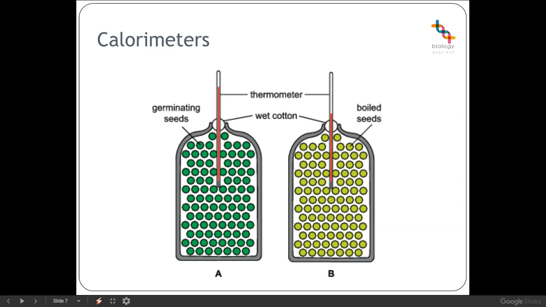Now, to maintain this metabolic rate and maintain our respiration rate, essentially, we need to be able to provide oxygen to each of the cells that are going to be carrying out respiration. And in order to provide the oxygen to all of those cells, we need to have what we refer to as circulatory systems within different organisms.